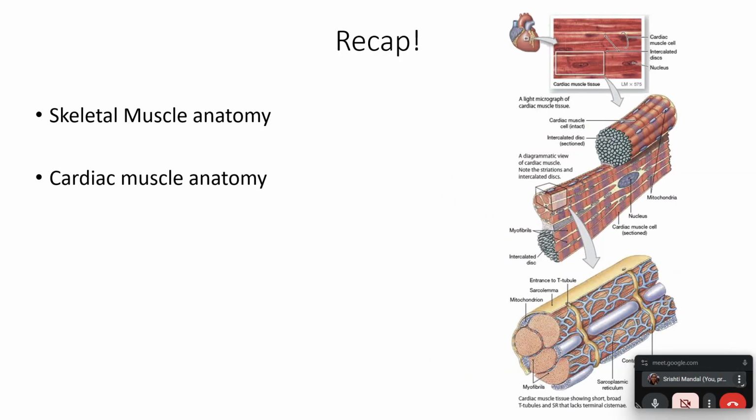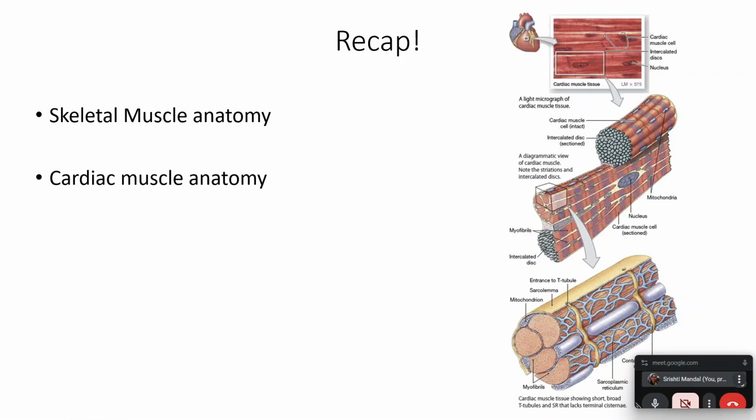So then we learned about cardiac muscle anatomy, right, where we looked at the slight differences between cardiac muscles and skeletal muscles, particularly with regard to developed T tubules, less developed sarcoplasmic reticulum, as well as branched macroarchitecture of these muscles. So they're not like skeletal muscles, there are branches here.